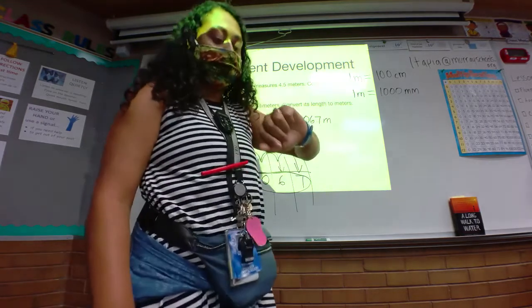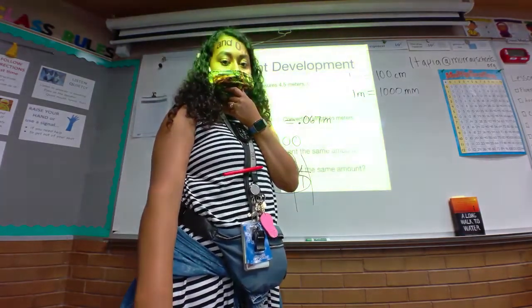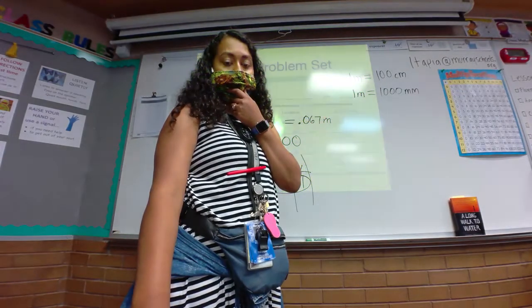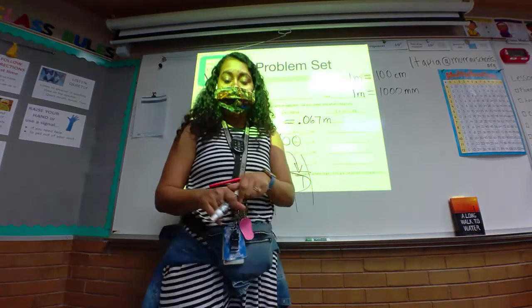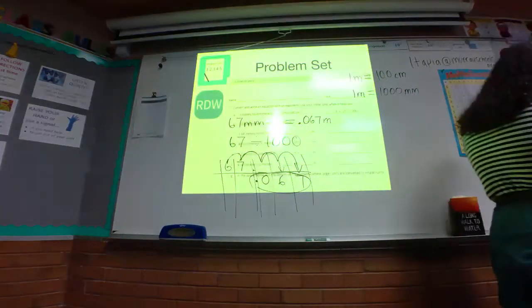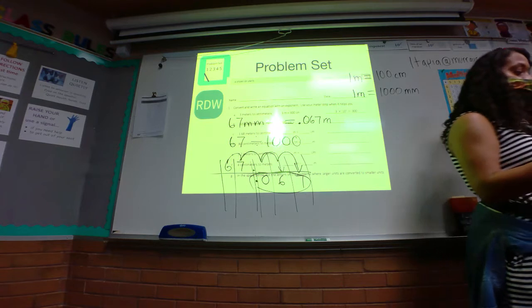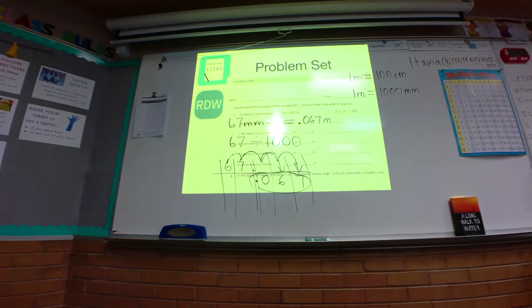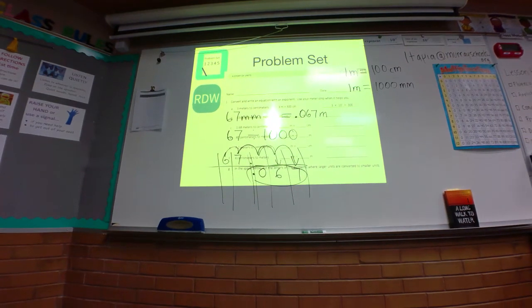All right. Problem set. Ready? Beautiful. Okay, I'm coming around with your paper, but start logging in onto Google Classroom. We're working on problems 1 and 2. And if you finish numbers 1 and 2 early, then you may do numbers 3, 4, 5, and 6.